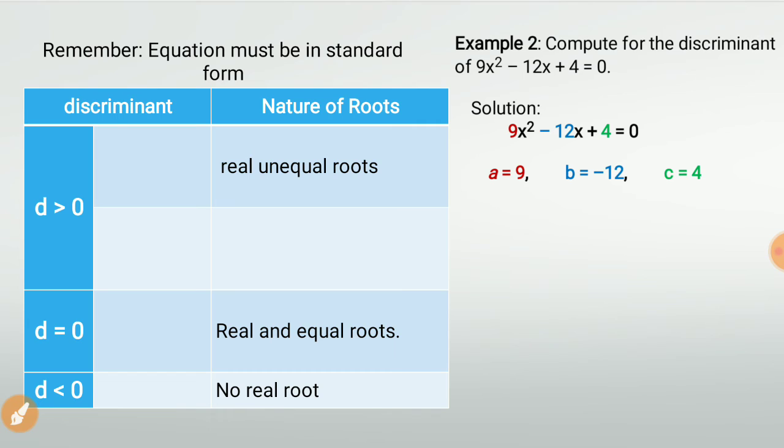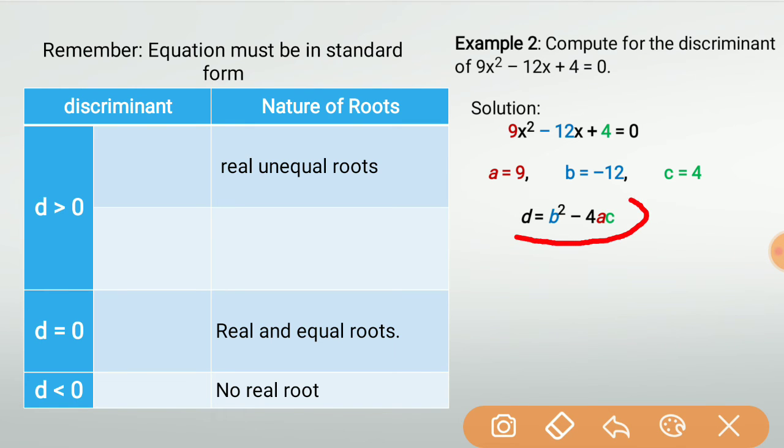After finding the values of a, b, c, we will write the formula to find the discriminant, and the formula is D equals b square minus 4ac. So this is our formula to find the value of the discriminant.